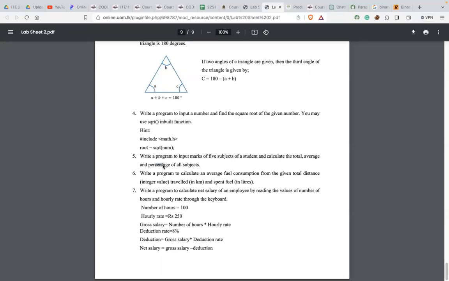If we are taking the marks out of 200 or any other value, then the average may be different. Okay, so it doesn't matter. You can take the total average. The question does not specifically mention whether the marks are out of 100 or otherwise. If you are taking out of 100, then the percentage and the average may be the same.